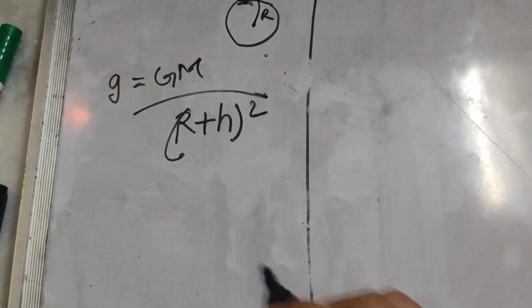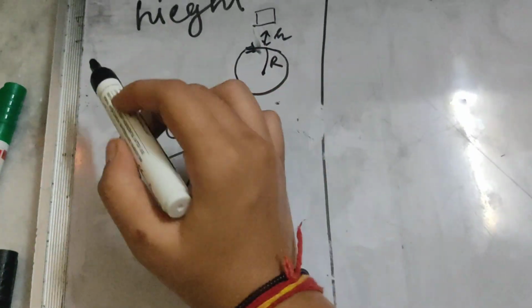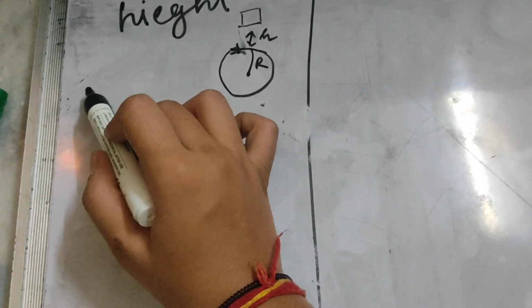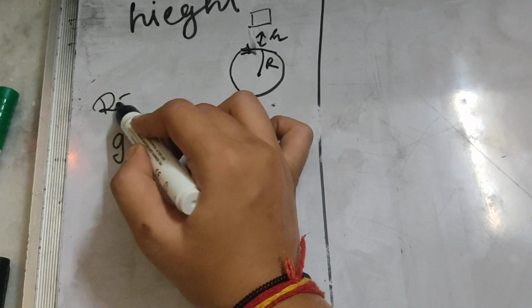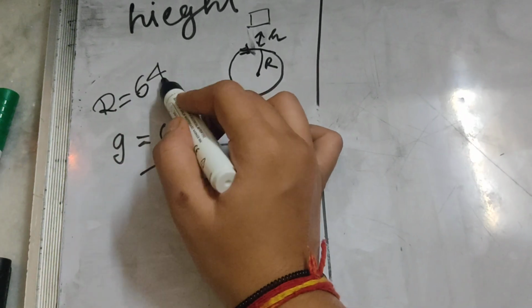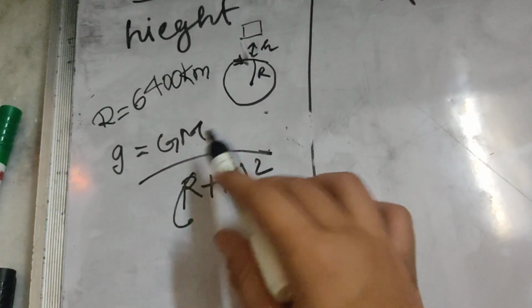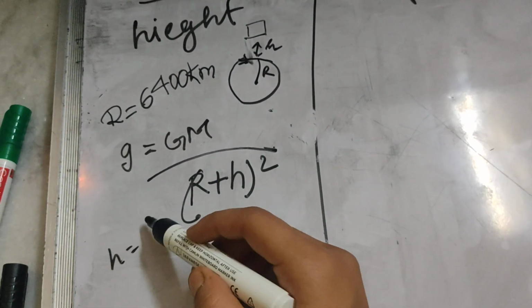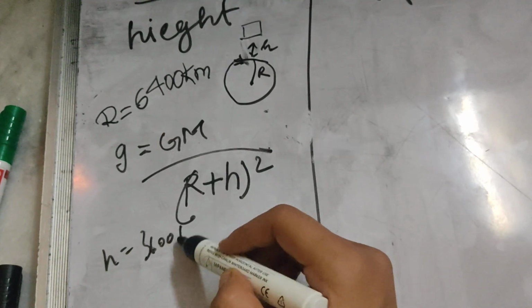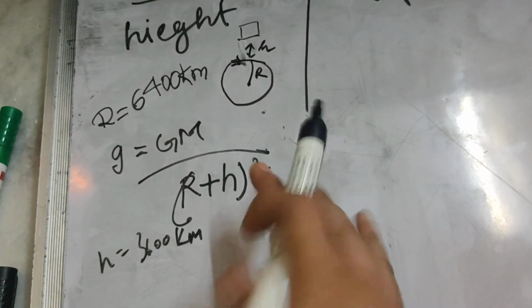Now in these cases, one thing you need to remember, or sometimes it is provided in the question, is that R equals 6,400 kilometers, the radius of the earth. Suppose h is given as 3600 kilometers or 1200 kilometers, like this.